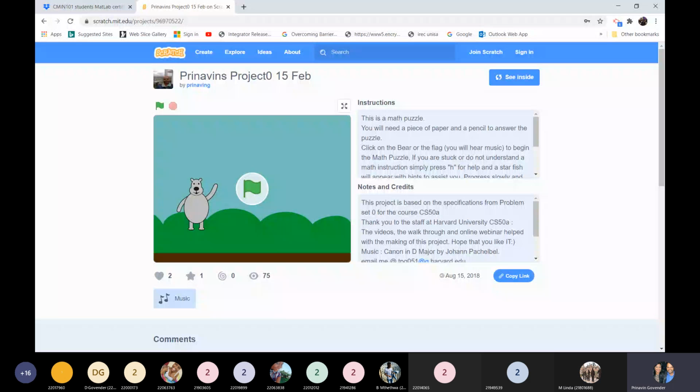So now what you'll need to do is sign into your Scratch account. Have you created the Scratch account? Yes. And have you started your Scratch project? No. Oh, now you have to do that. You have to start your Scratch project. Would you like me to help you? Yes, I would like to.